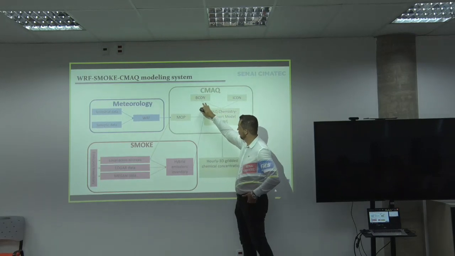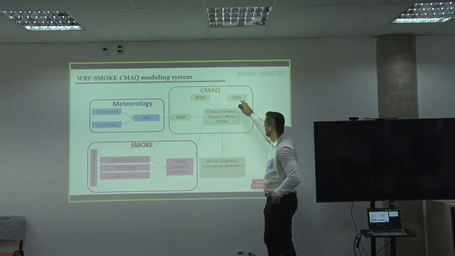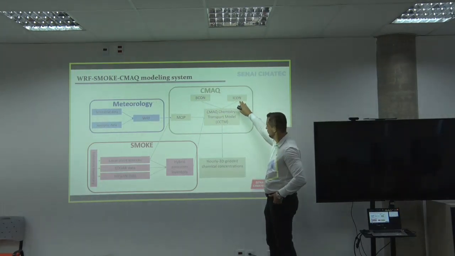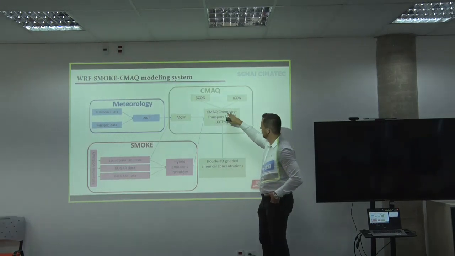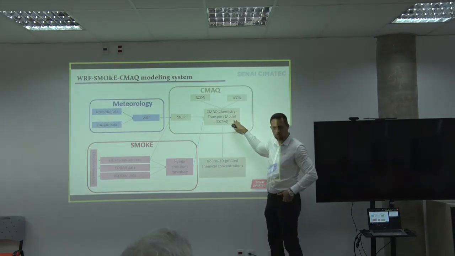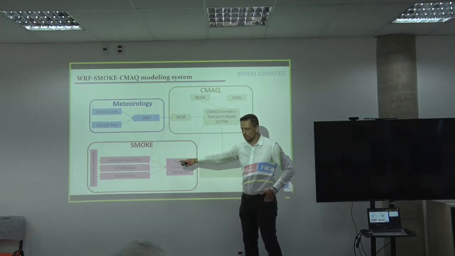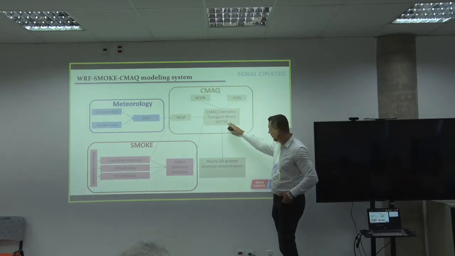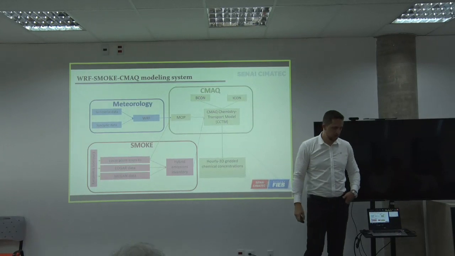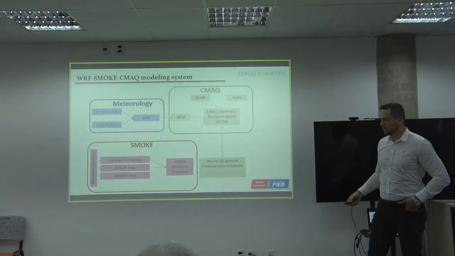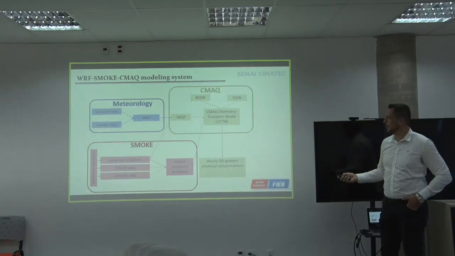CMAQ is based on the boundary conditions preprocessor, the initial conditions preprocessor, and the meteorological conditions input processor. The chemical transport model is up there. And SMOKE is the emissions inventory preprocessor. It generates hourly 3D chemical concentration files that we read to have access to what was simulated by the model.